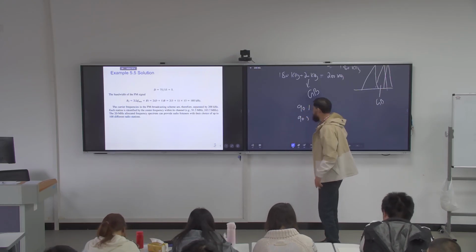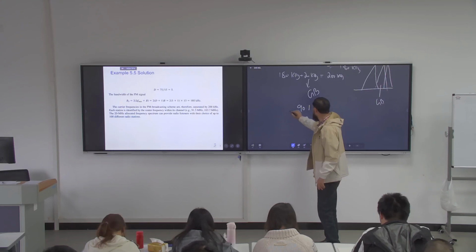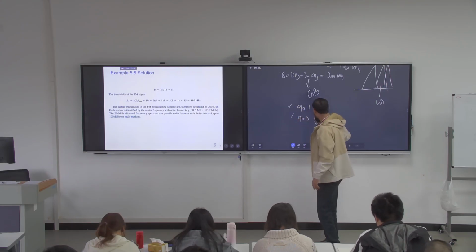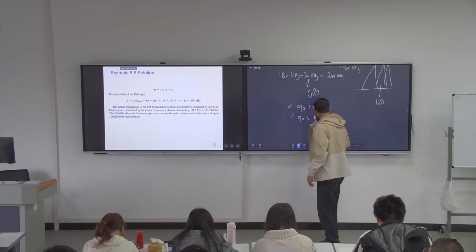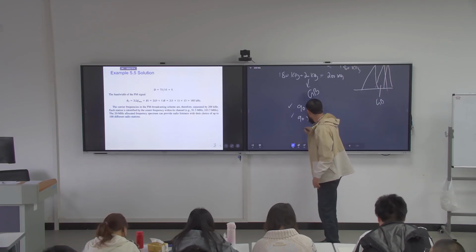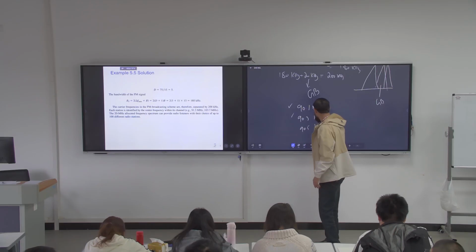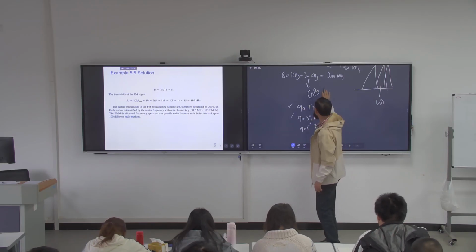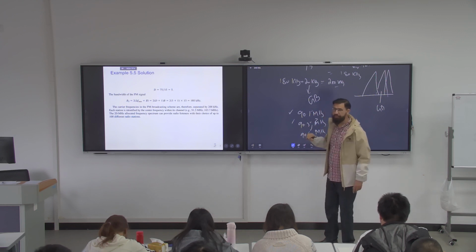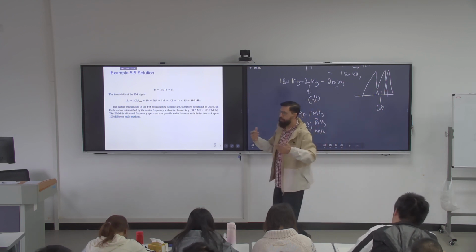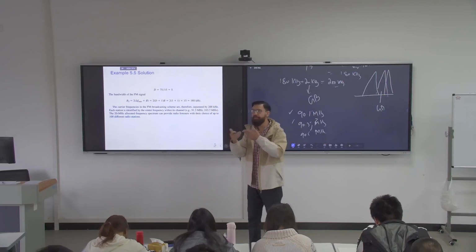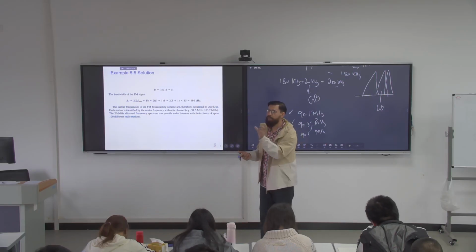The third station will be 90.5 megahertz. Those 200 kilohertz spacings are there because if I don't do that, they may interfere with each other.